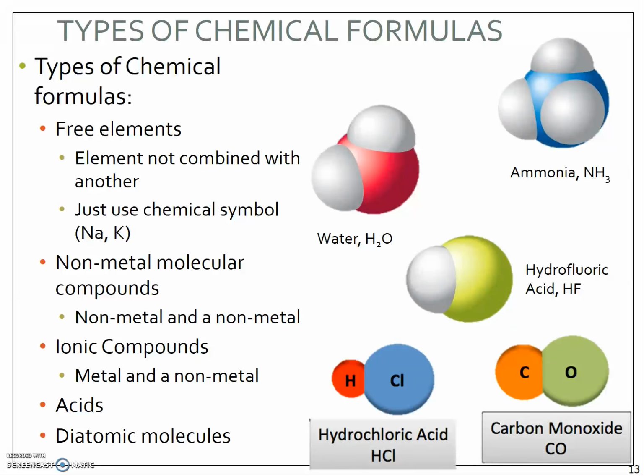Some names for chemical formulas are more descriptive, such as hydrofluoric. So with hydro, you can think of hydrogen, and fluoric sounds a lot like fluorine, so you know that there's a hydrogen and a fluorine.